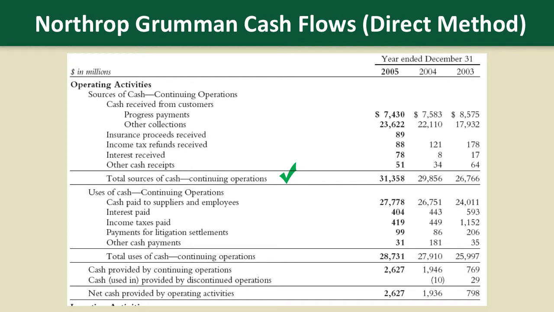We call it total sources of cash. The other one is the cash outflows. They call it total uses of cash. So basically, they list all the cash inflows in the first subsection and then subtract all the cash outflows in the next subsection and then reach the net cash provided by operating activities.